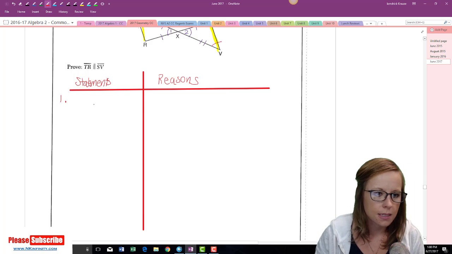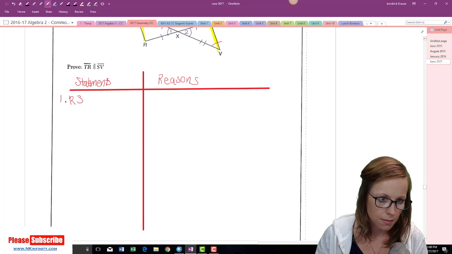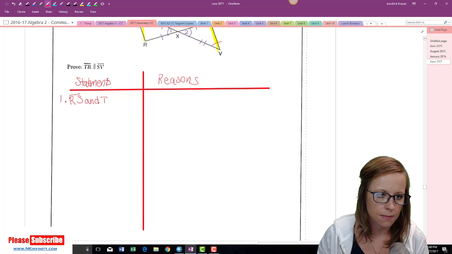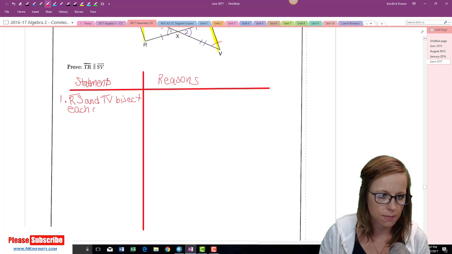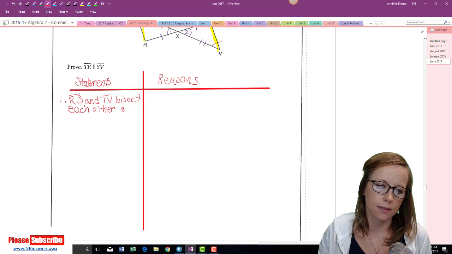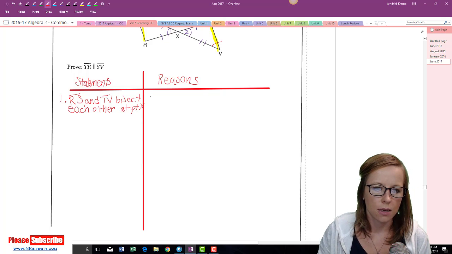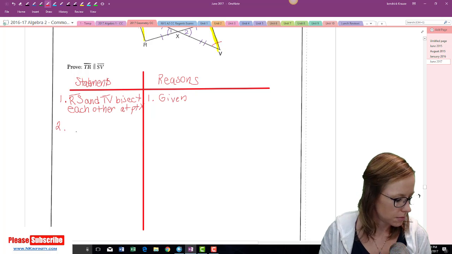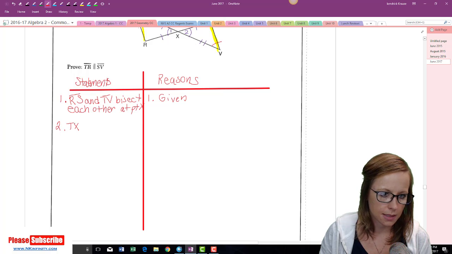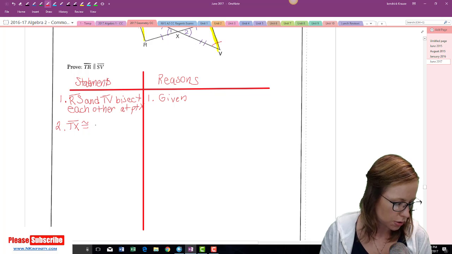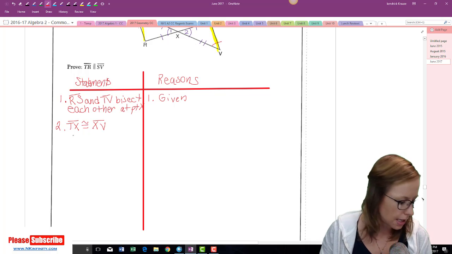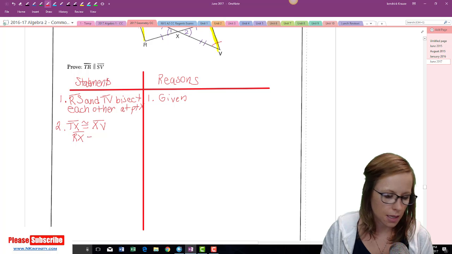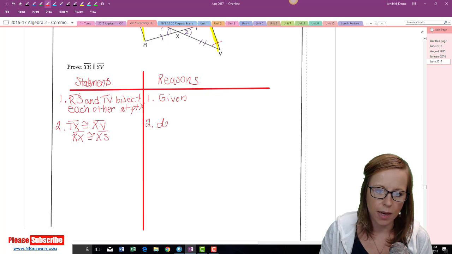Okay, so RS and TV bisect each other at point X. 1, given. 2, let's see, TX is congruent to XV and RX is congruent to XS. Definition of bisectors.